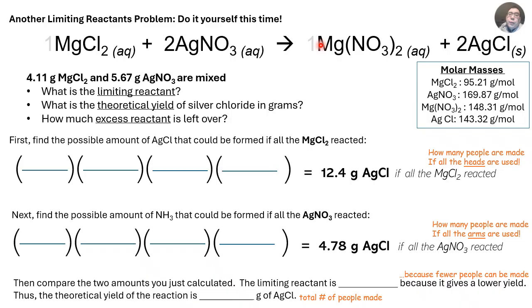Okay, so you'll notice that there is magnesium nitrate and silver chloride as products. Because the question asks about silver chloride, we're going to use the silver chloride as the product in all of our reactants, and we're just not going to do anything with the magnesium nitrate.